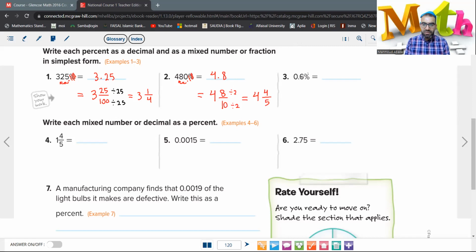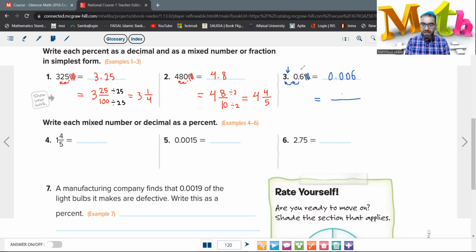0.6%. We need to remove the percent sign. So move decimal point to the left 2 places. We don't have enough places, so you put here 0. So this is going to be 0.006. Means it's 6 thousandths.